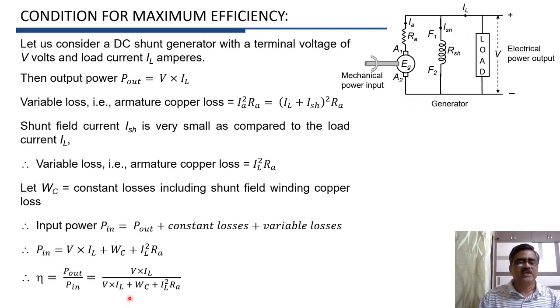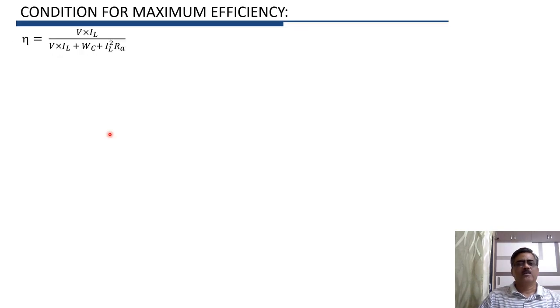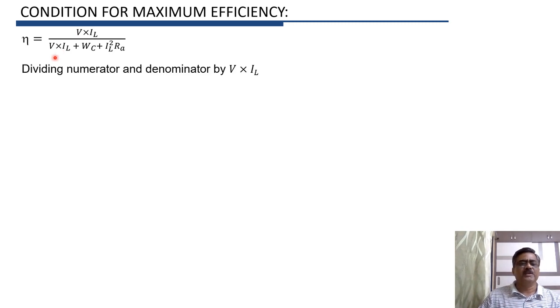Now using this expression, we will derive the condition for maximum efficiency. To obtain the condition for maximum efficiency, let us first divide the numerator and denominator of this expression by V into IL.